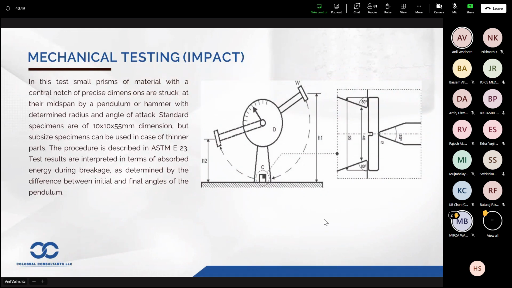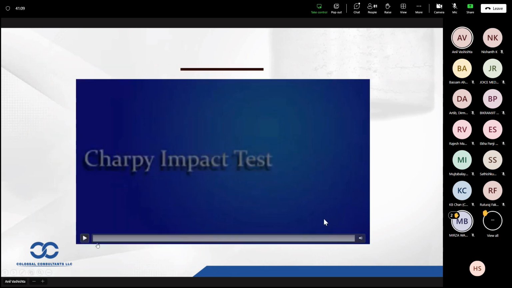There are ISO also. ISO also has the same size, in fact 10 by 10 by 55 full size specimen, where the sample is broken with this hammer, and we note the energy which is required to break the sample. Another video of Charpy, a quick one. This is the last video we have.